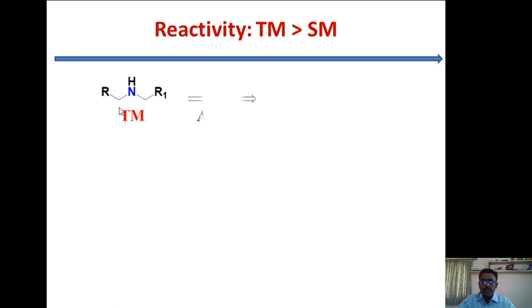Now if you do the retrosynthesis, the disconnection over here, on both sides we have a C-N bond, so we can disconnect anywhere. Both sides we have alkyl only. If you disconnect the right side C-N bond, the synthetic equivalents are the primary amine, the nucleophile, and an alkyl halide with a leaving group, the electrophile.